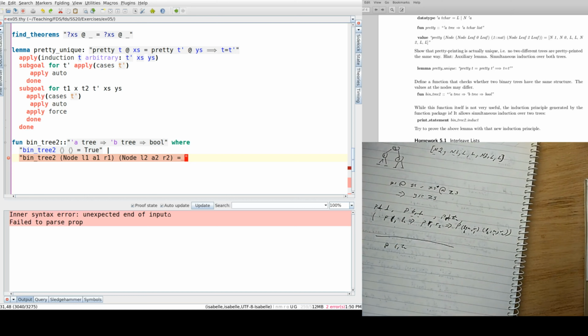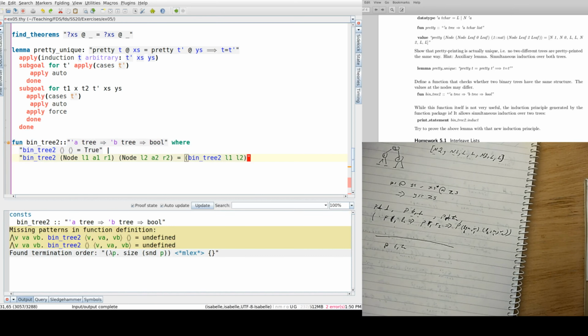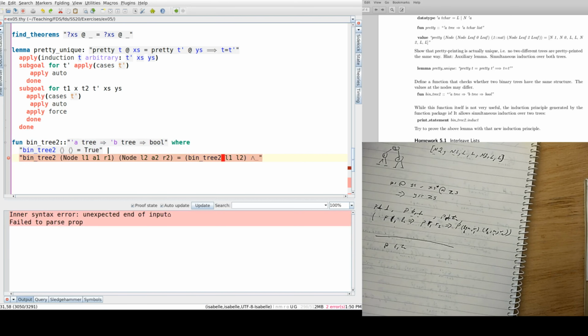So it will call itself, for example, on bin 3, 2, and L1, and L2. So this is to get an induction hypothesis that looks like the one that I want there. And let's say we just return this and that, and a recursive call on the R's instead of the L's. Okay.